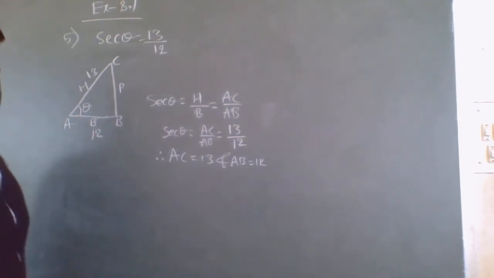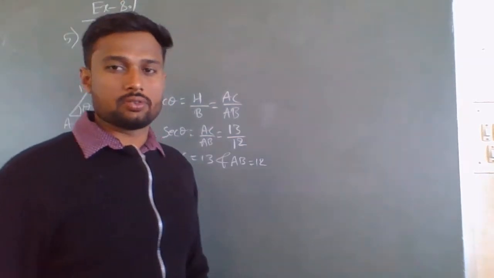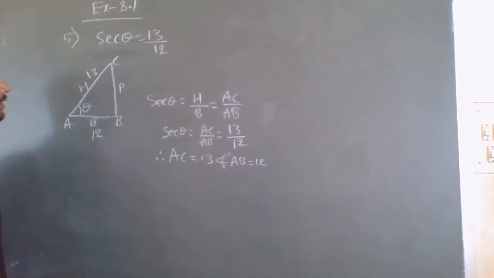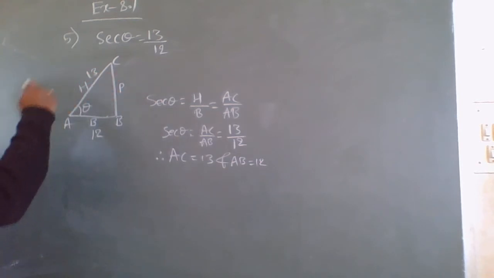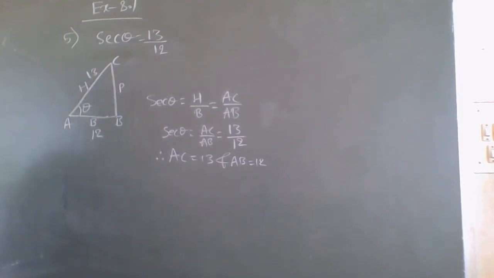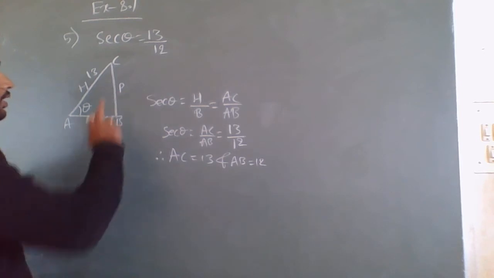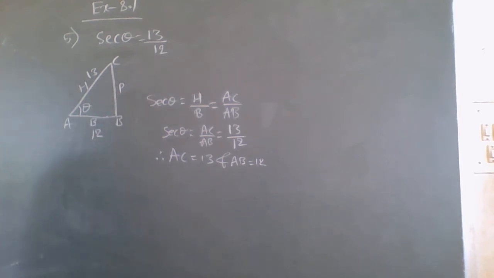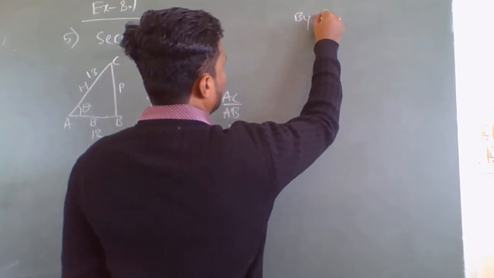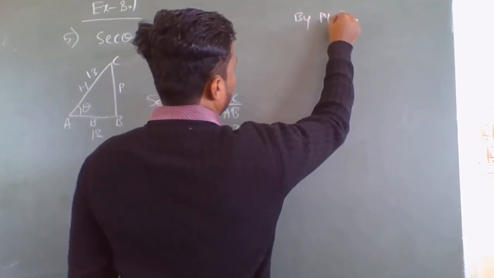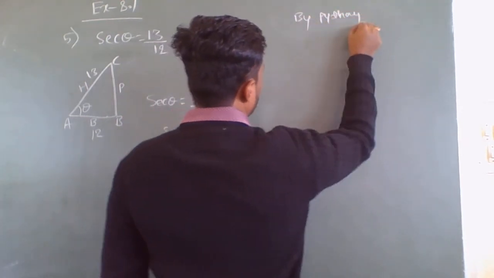To write all other trigonometric ratios we have to calculate the length of the side BC, the perpendicular. How to calculate the length of the perpendicular? By using Pythagoras theorem.